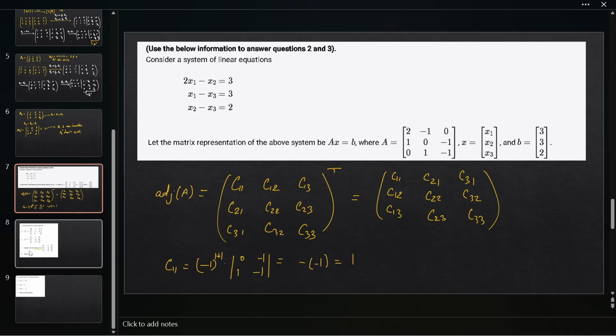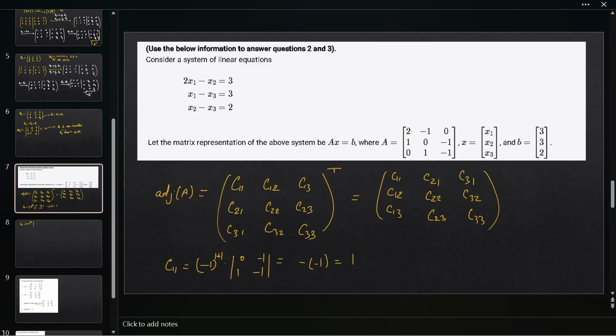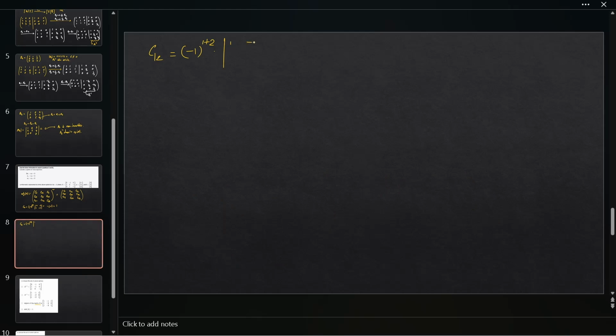Now similarly, we can find the value of C12 as well. So C12 is equal to minus 1 to the power 1 plus 2 times the determinant 1 minus 1, 0 minus 1, which is equal to minus 1 times this minus 1, which is again equal to 1.